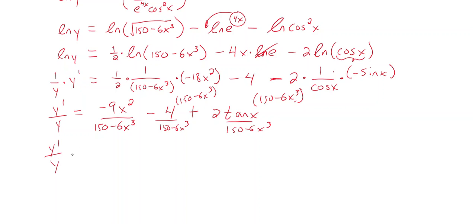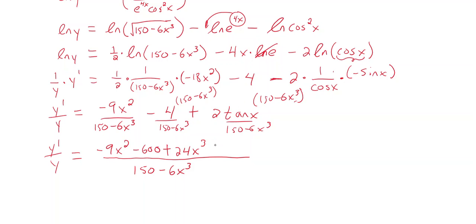So y prime over y is equal to, so far I know for sure my denominator is that, and I have negative 9x squared, and then this would become negative 600, and then plus 24x cubed, and then distributing this guy in, so now we've got, so 2 times 150 would be 300 tan x.